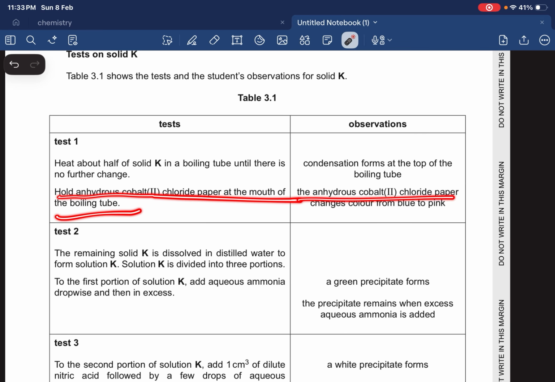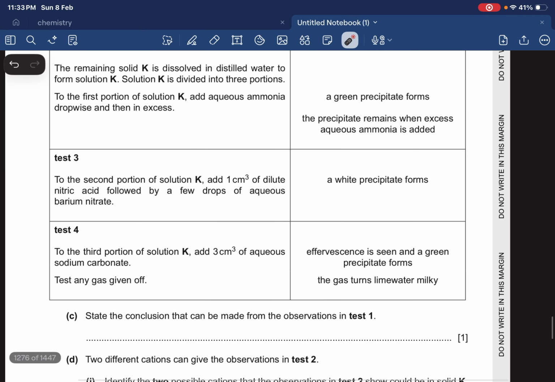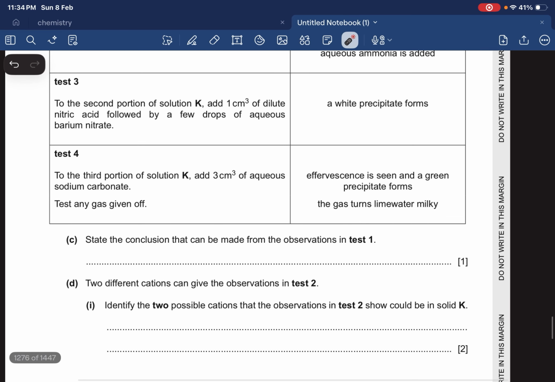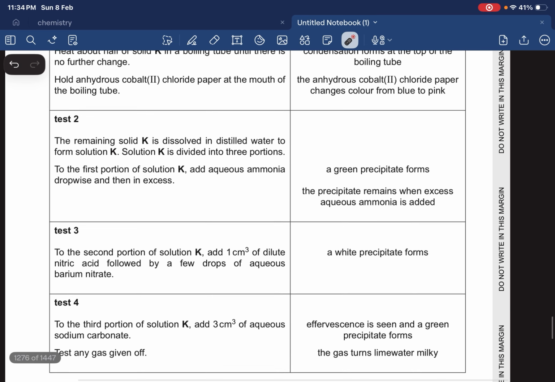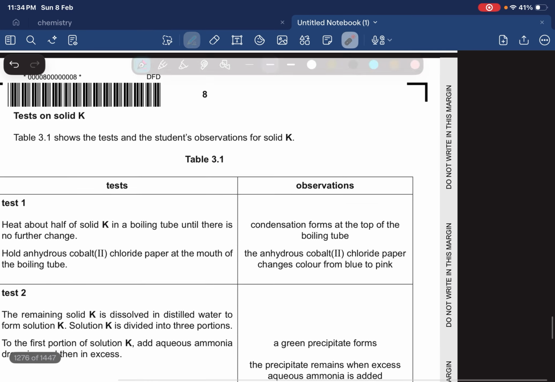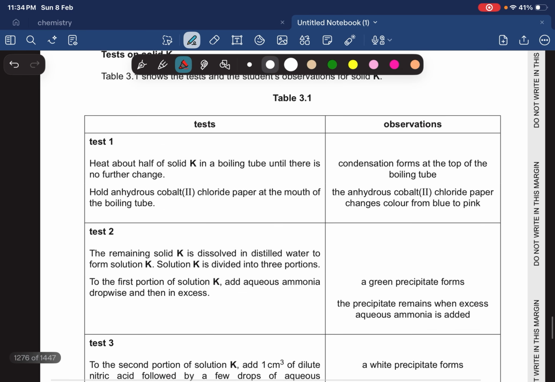The anhydrous cobalt chloride paper changes color from blue to pink. Okay, doing a ton of tests. State the conclusion that can be made from the observation in test 1. What he did was heat it and hold anhydrous cobalt chloride paper at the mouth, and the paper changes color. It contains water of crystallization, right?